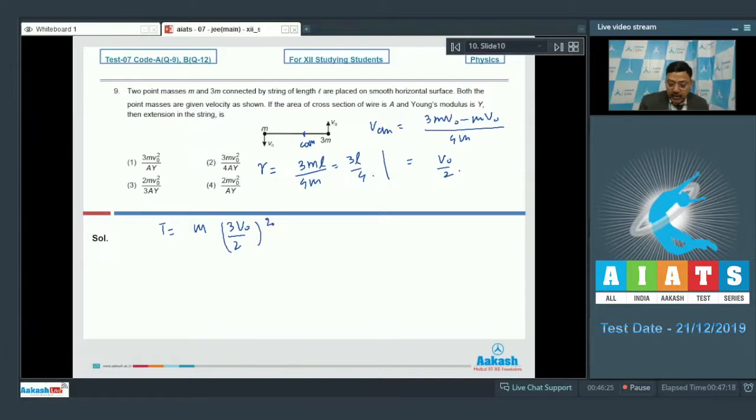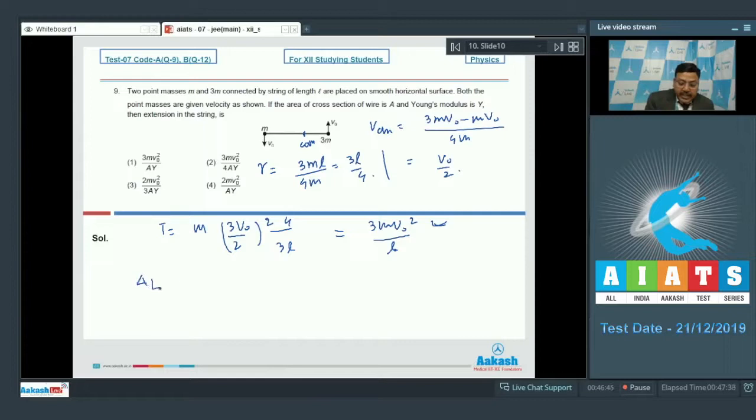So M times 3v0 by 2 whole square divided by R, and the value of R is 3L divided by 4. Simplifying, this 4 will cancel with this 4, and we have 3m v0 square. That is the tension in the string.